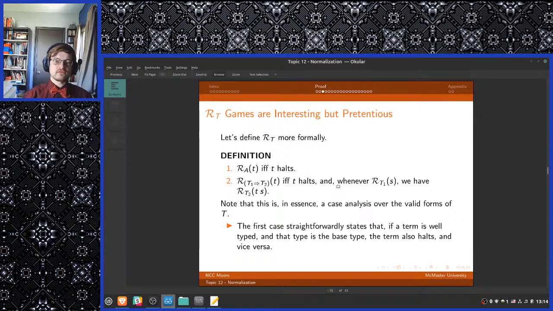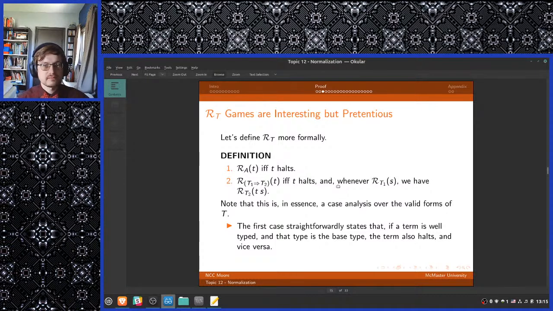The first case straightforwardly states that if a term is well typed and that type is a base type, the term also halts, and vice versa. So the bidirectional implication here is going to be important. Incidentally, we are defining these sets this way. This is a definition, we're not going to prove this. We are saying this is the case. This is how we're defining it.